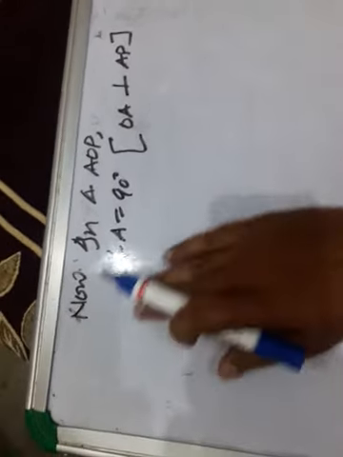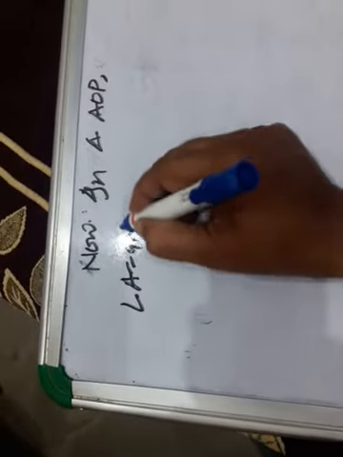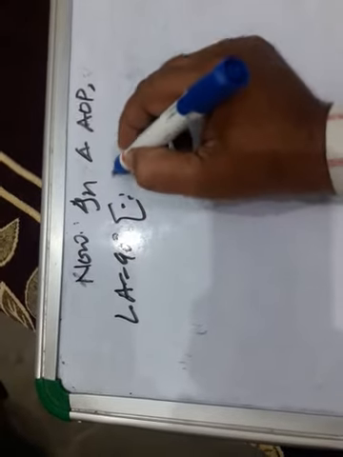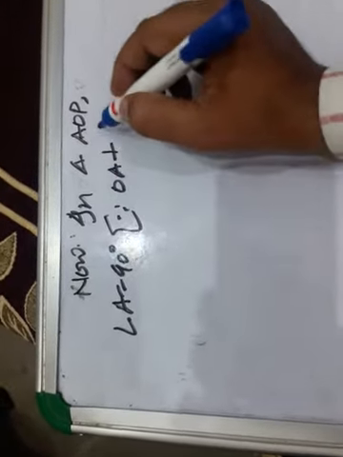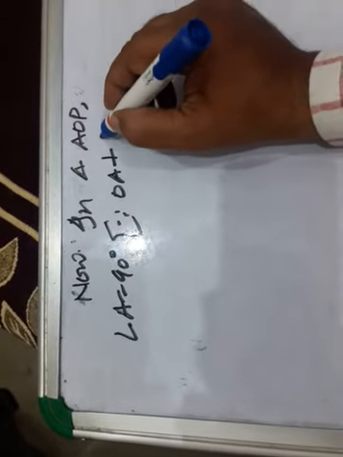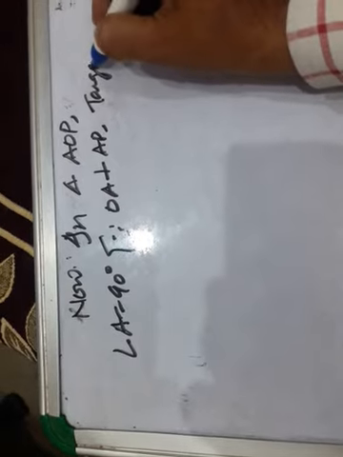Let us see the same thing in triangle AOP. Angle A equals 90 degrees, since OA is perpendicular to AP. Why? Because a tangent at any point of a circle is perpendicular to the radius through the point of contact.